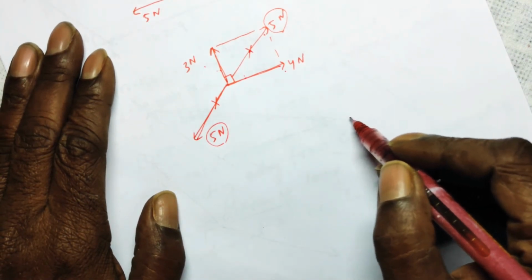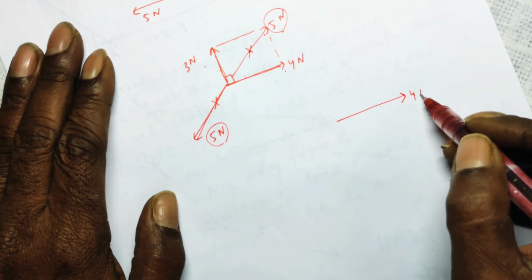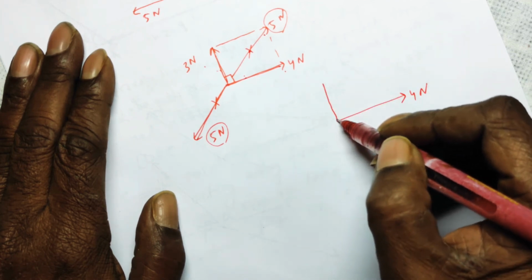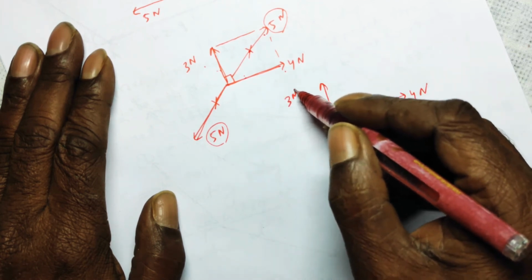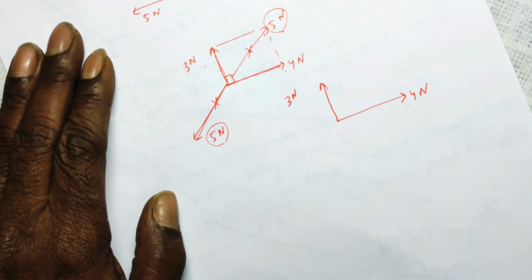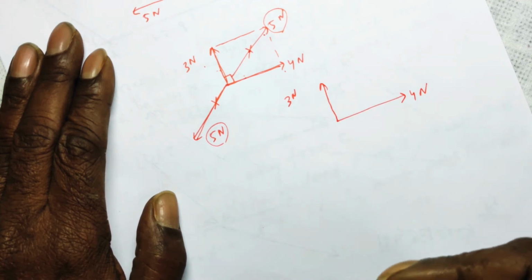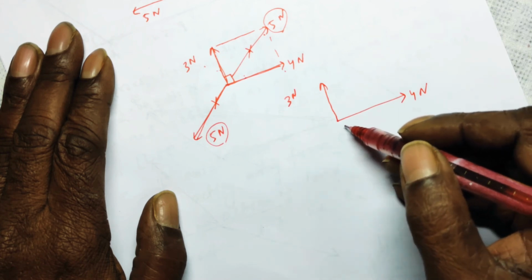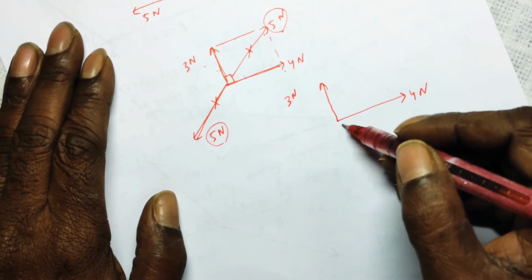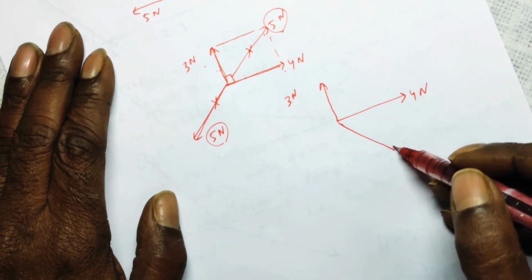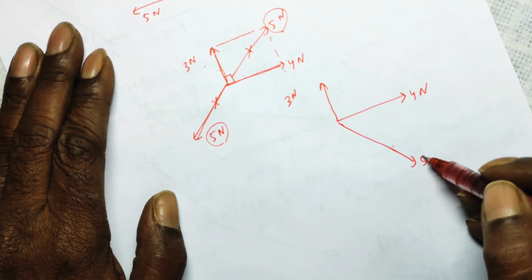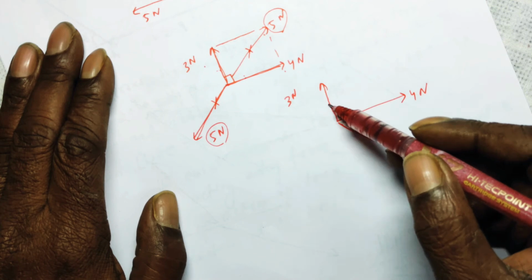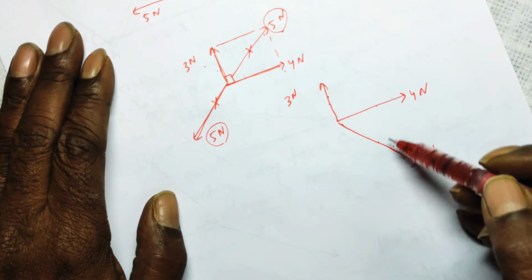But in this case, let's say this is 4 Newton force, this is 3 Newton force. I am taking 90 degrees for convenience only. You can have any angle between those two forces. And suppose there is a third force like this, say 5 Newton. Can the resultant of these three forces be 0?